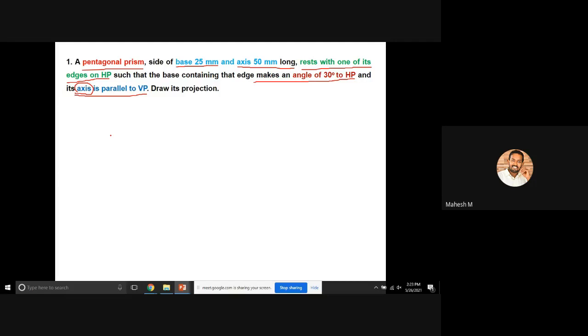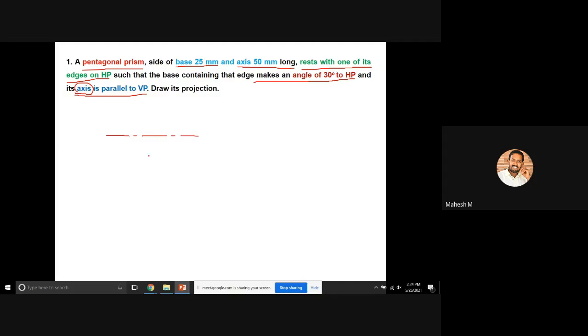Okay, so how to draw a center line? Initially you have to create a lengthy horizontal line, and after that you have to create a shortest line. Then again you have to create a lengthy line, then again a shortest line, then a lengthy line. Okay, so this will be called a center line.